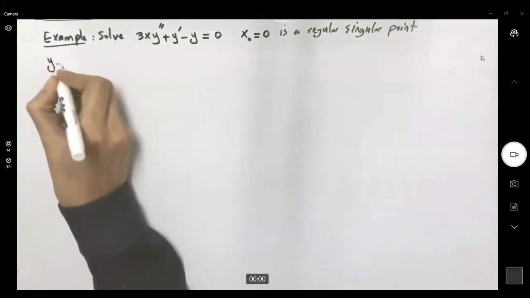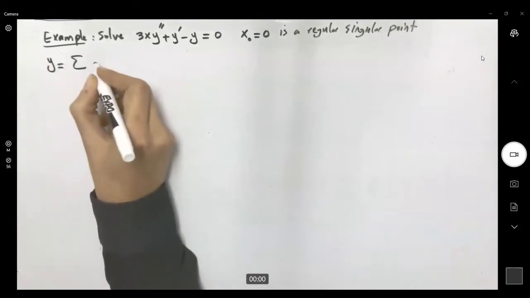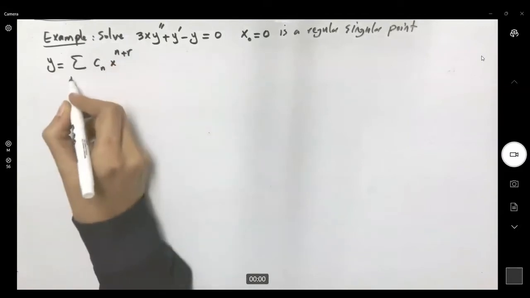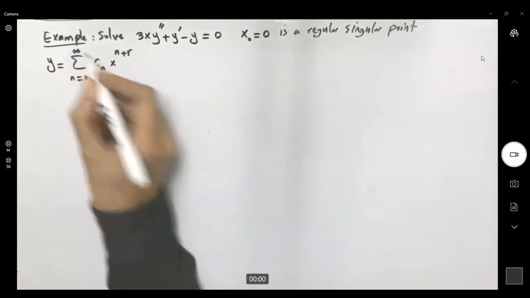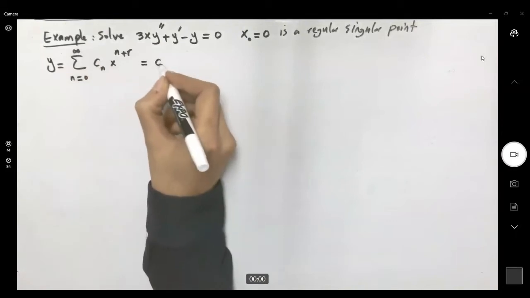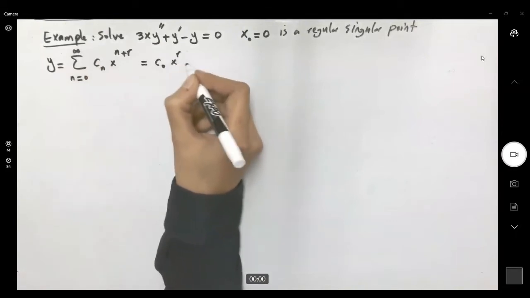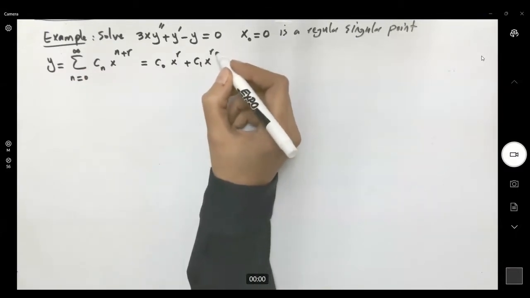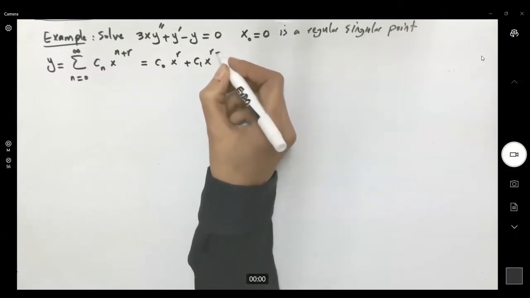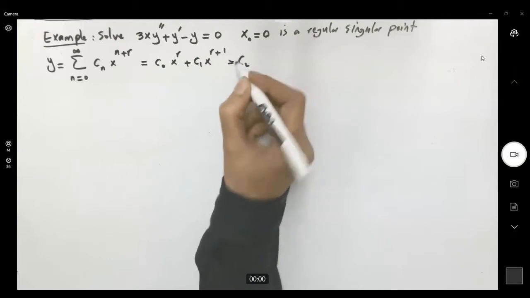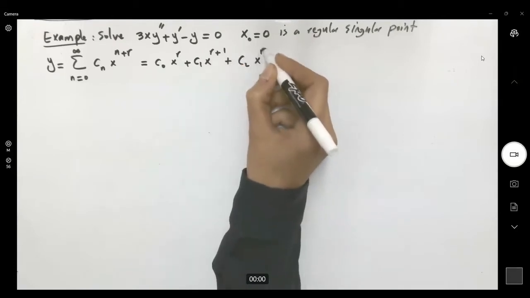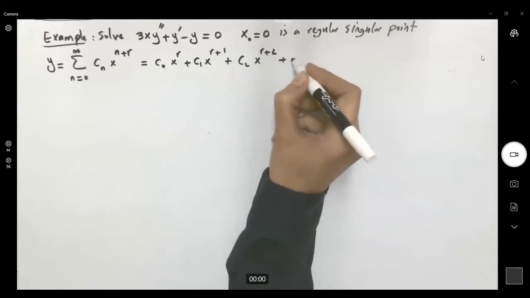y equals the sum of Cn x to the power n plus r, starting from 0 to infinity. This y can be written as c sub 0 x to the r plus c sub 1 x to the r plus 1 plus c2 x to the power r plus 2 plus the rest of the terms.